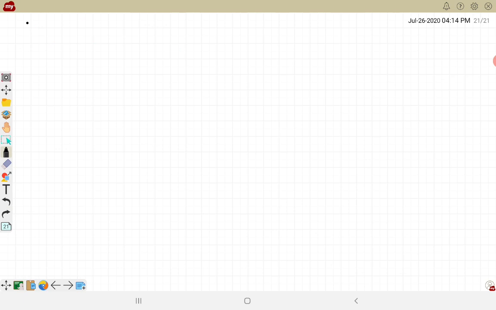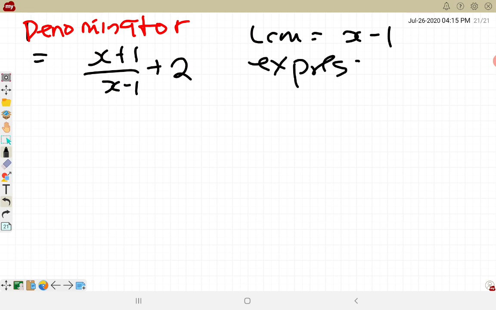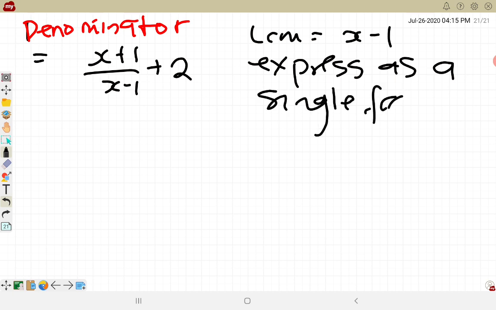Now we find the denominator. The denominator of the fraction is x plus 1 over x minus 1 plus 2. The lowest common multiple is also x minus 1, so we express it as a single fraction with common denominator x minus 1.